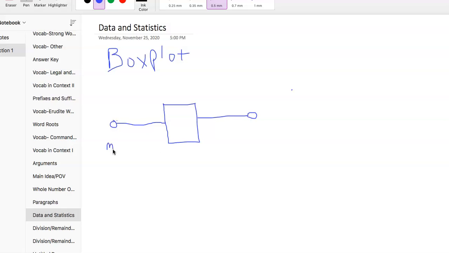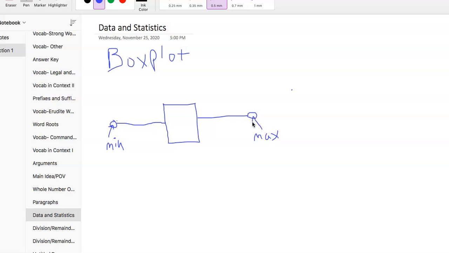So a box plot will show you the distribution of data based on a 5-number summary. So there will be a minimum number, should be right here, okay? And that's an outlier, right? Something that doesn't show up that much. And on the other end will be a maximum number, right?